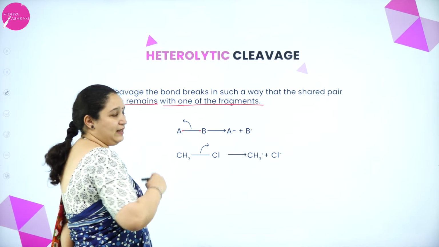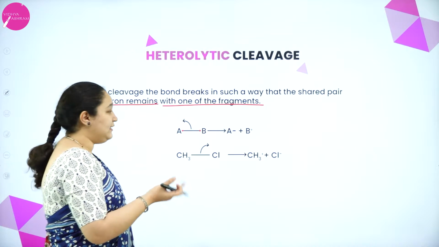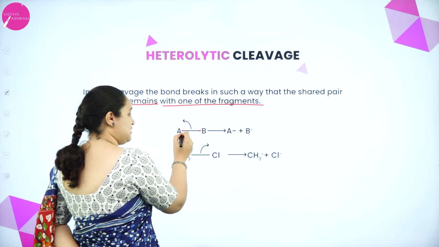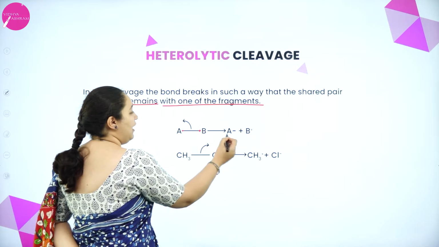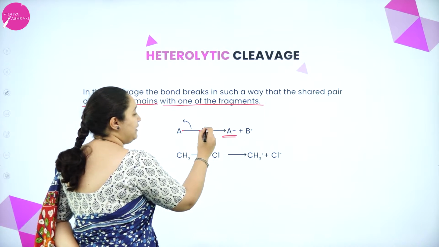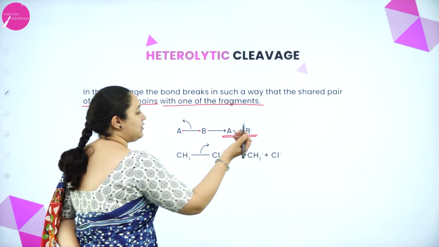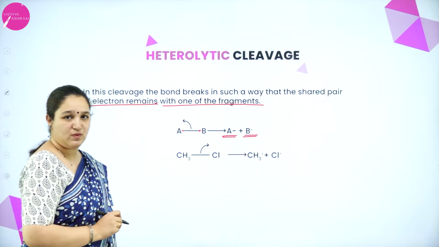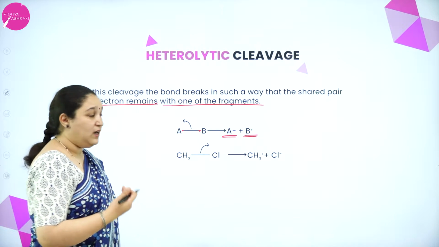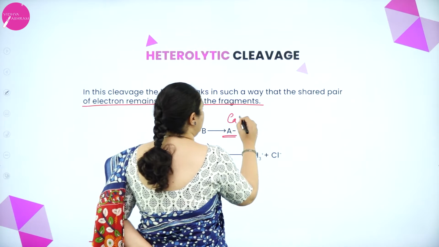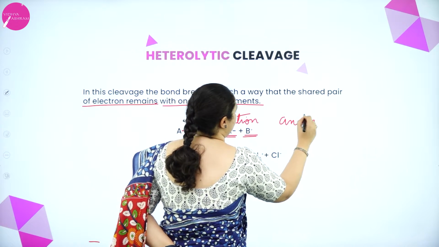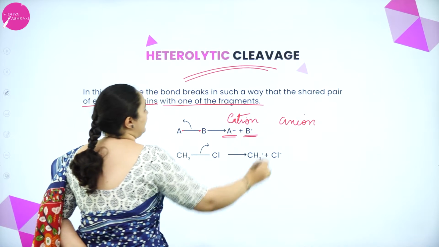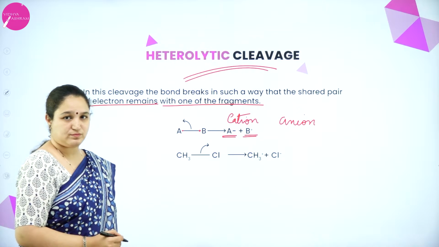Now A is more electronegative, and it takes up not only its own electron but also the electron of the neighboring atom, and gets a negative charge, and B has lost an electron, so it gets a positive charge. So you usually get a cation and an anion due to heterolytic cleavage.